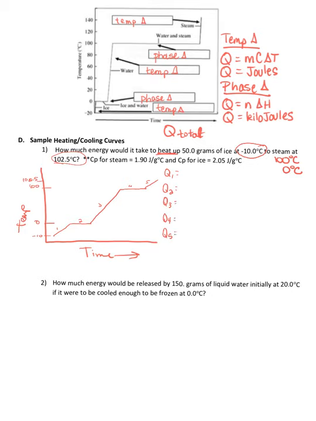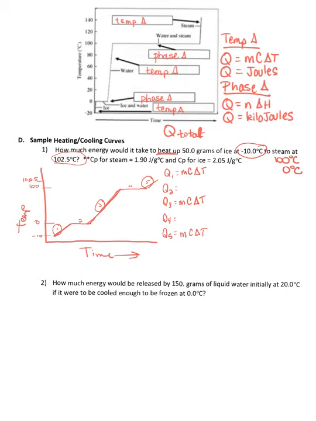Again, looking at these, the ones that have a slope involve a temperature change. And for all of those, Q is going to be equal to mc delta T. Why did I pick 1, 3, and 5? Because these are the ones that have a positive slope.